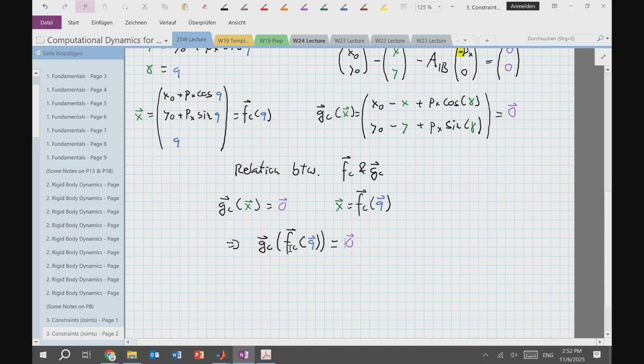So that is the relationship between these two. And if you want to, it's easy to verify this with these equations, but we're not going to do this. Instead, I want to add an important disclaimer that what I've written down here only holds, of course, if gc and fc describe the same constraint.